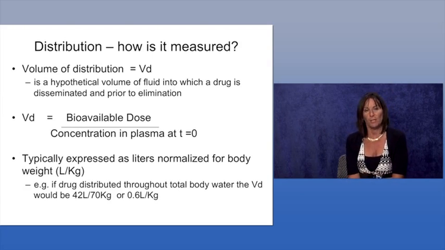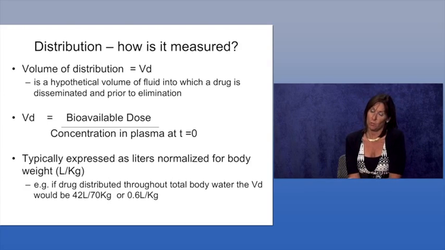And even though we don't use a metric system in this country for bioavailability and drug distribution purposes, we do. So liters per kilogram. If a drug is distributed throughout total body water, the volume of distribution would then be 42 liters.